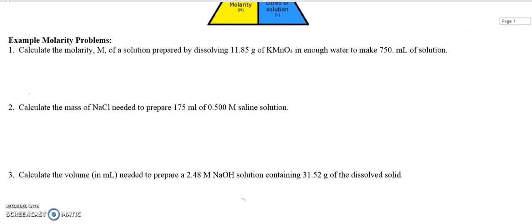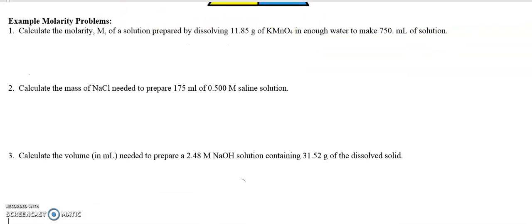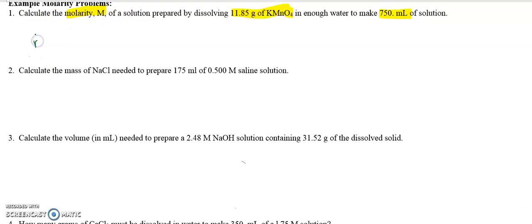So let's go into our first problem here. I'm going to calculate the molarity of a solution that's prepared by dissolving 11.5 grams of potassium nitrate with enough water to make 750 milliliters of solution. Okay, so I'm going to write down everything I know. I know M, which is unknown.